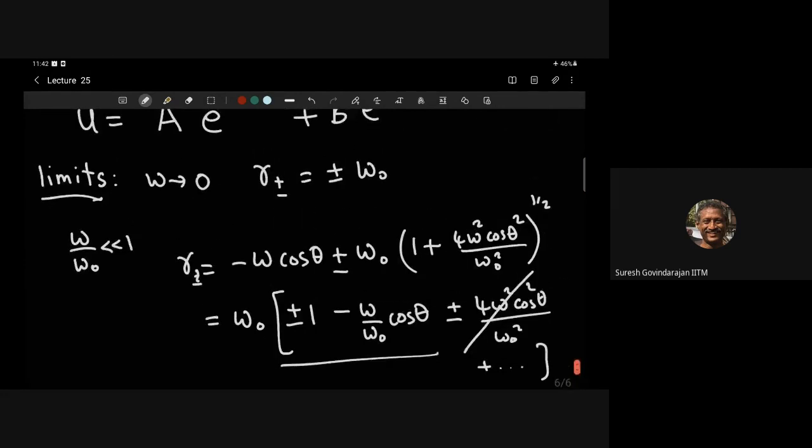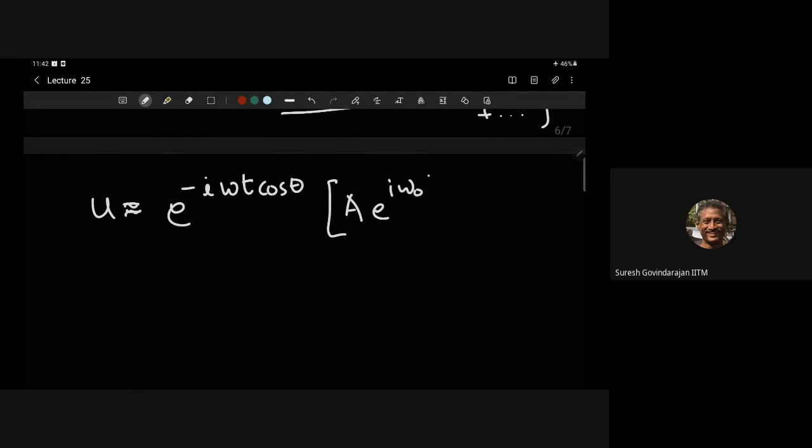Now we can write our general solution. u will be e power minus i omega t cosine theta times... you can see this is the standard solution.